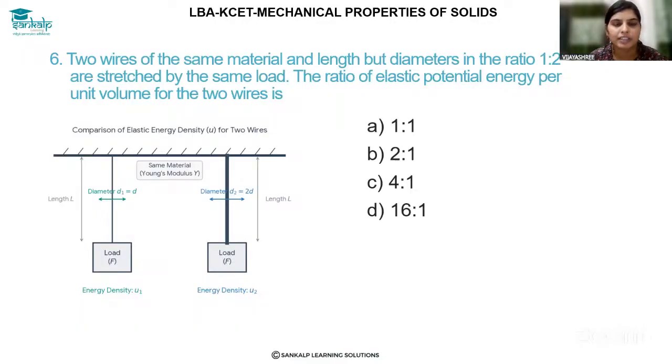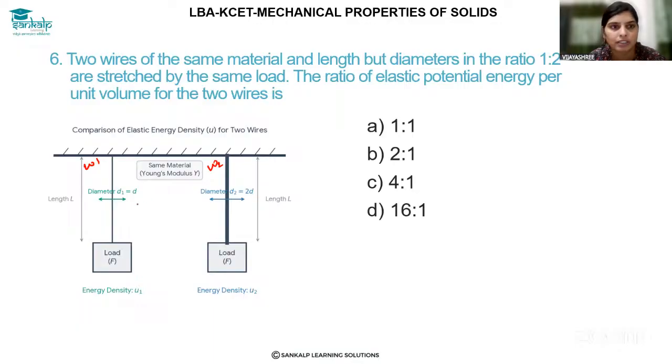So there are two wires made up of the same material. Here you can see in the picture, wire 1 and wire 2, W1 and W2, made up of the same material.